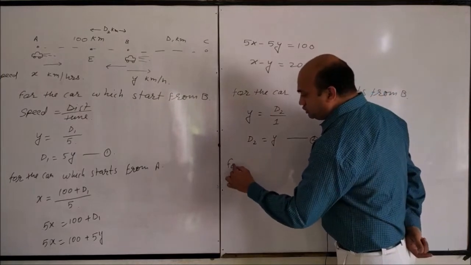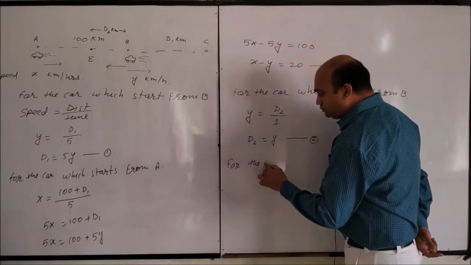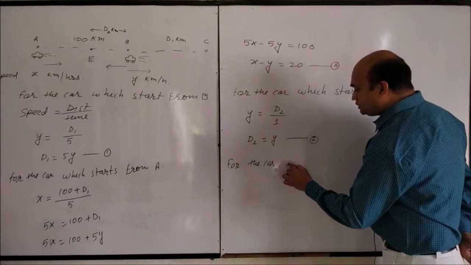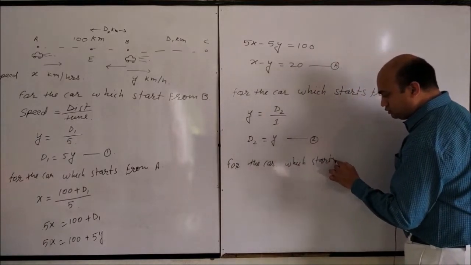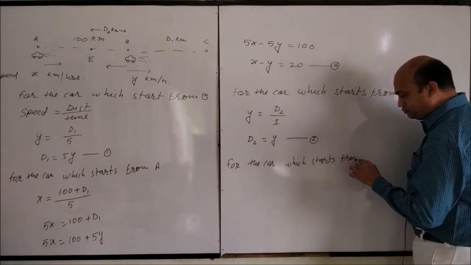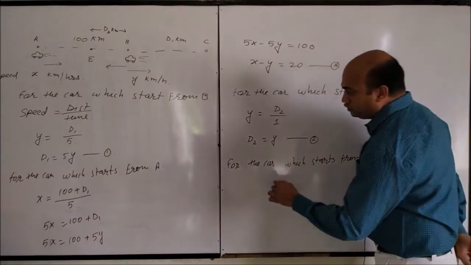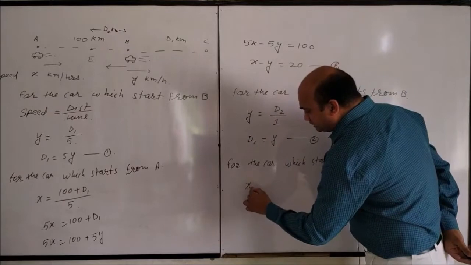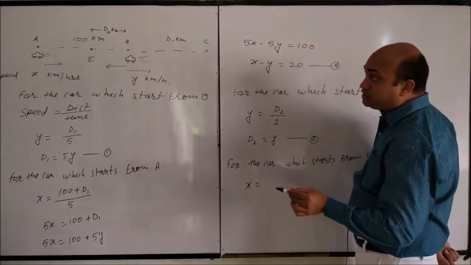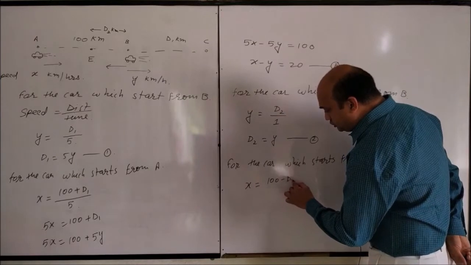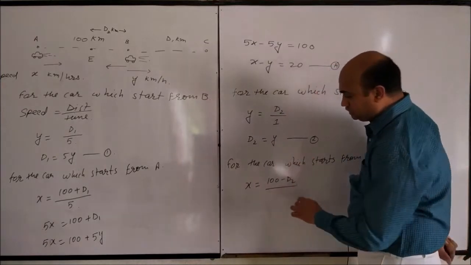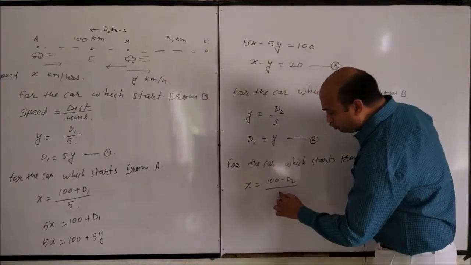Now for the car which starts from A, the speed of that car is x kilometer per hour, and it will travel total 100 minus d2 kilometer distance, and it required only 1 hour.